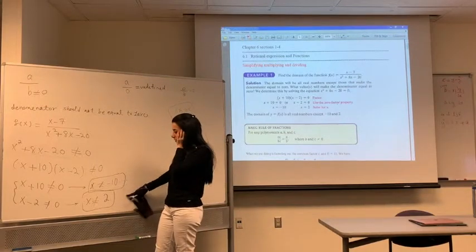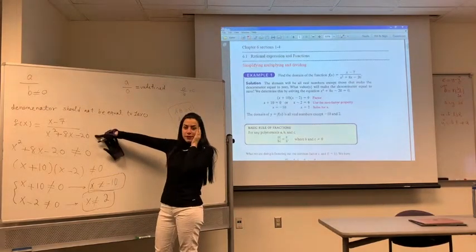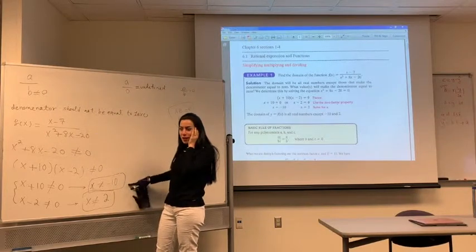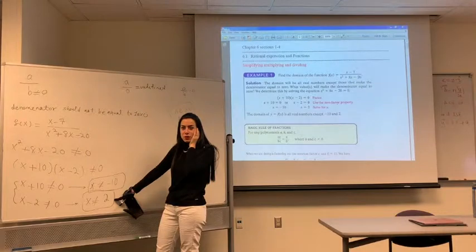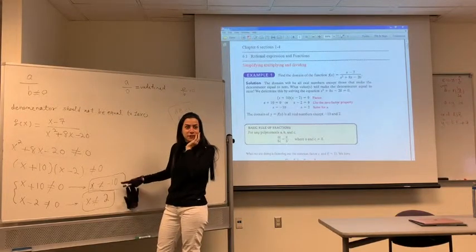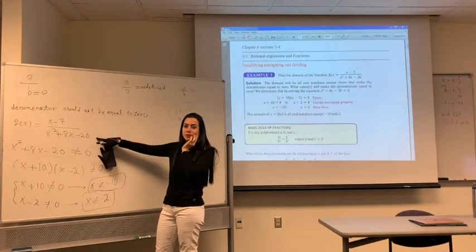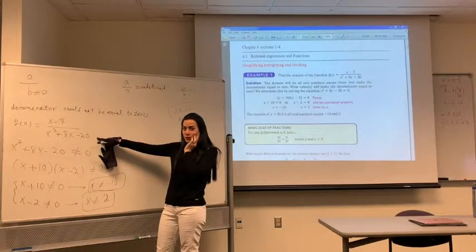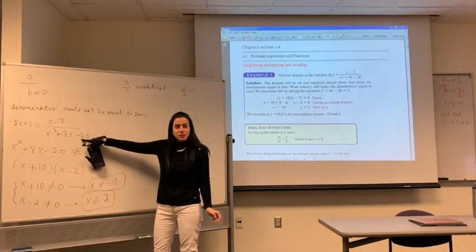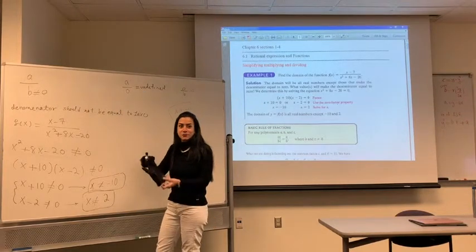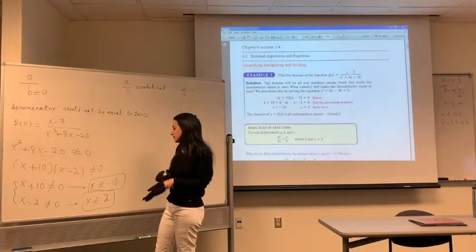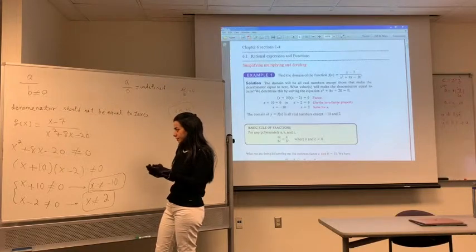This means in the denominator here, we should not have negative 10, and we should not have 2. Because if we have either of these, the denominator becomes 0. And if the denominator becomes 0, what happens? Undefined. Correct? So let's replace to see what happens.